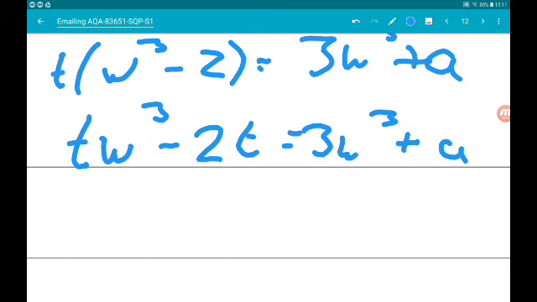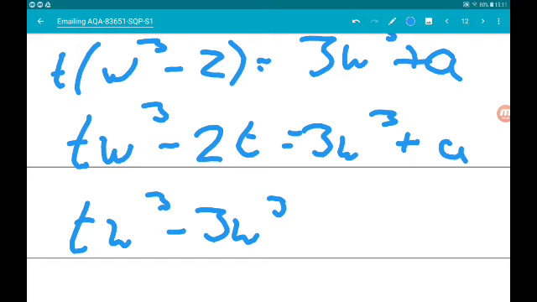So that's going to give us t w cubed minus 3w cubed. Now we also don't want any terms over here that don't contain w. So I'm going to add 2t to both sides. So we get is equal to 2t add a.